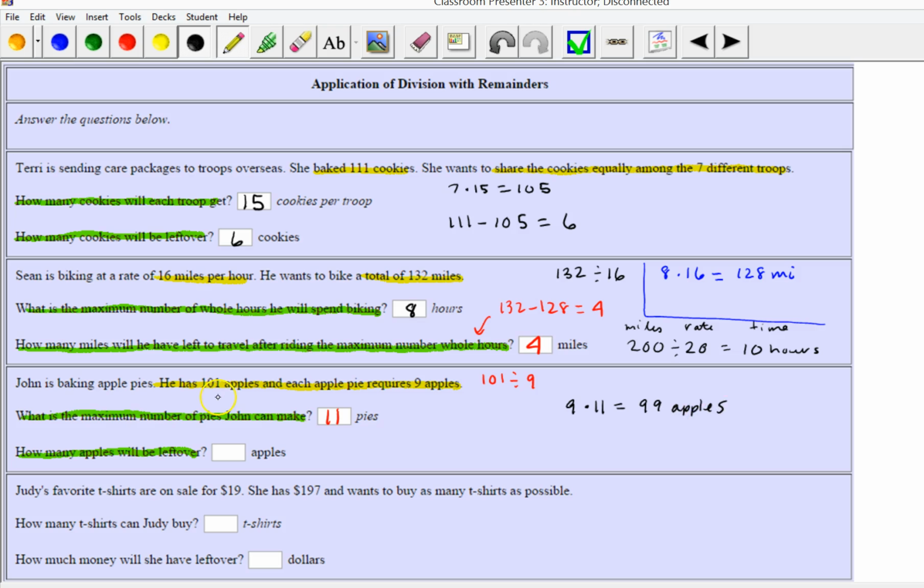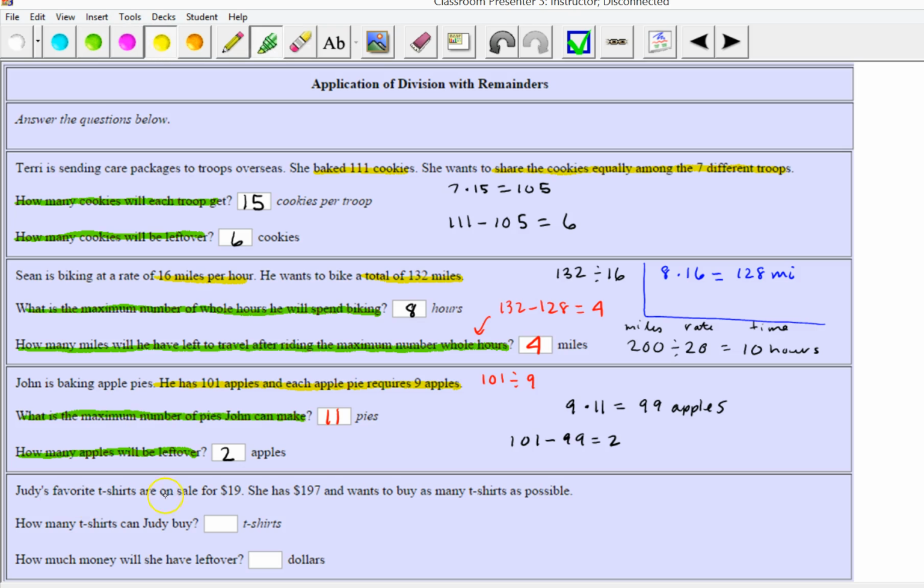We have a total of 101 apples, so the difference between these two numbers will give us how many apples are left over. So we have 2. Let's look at the last one.